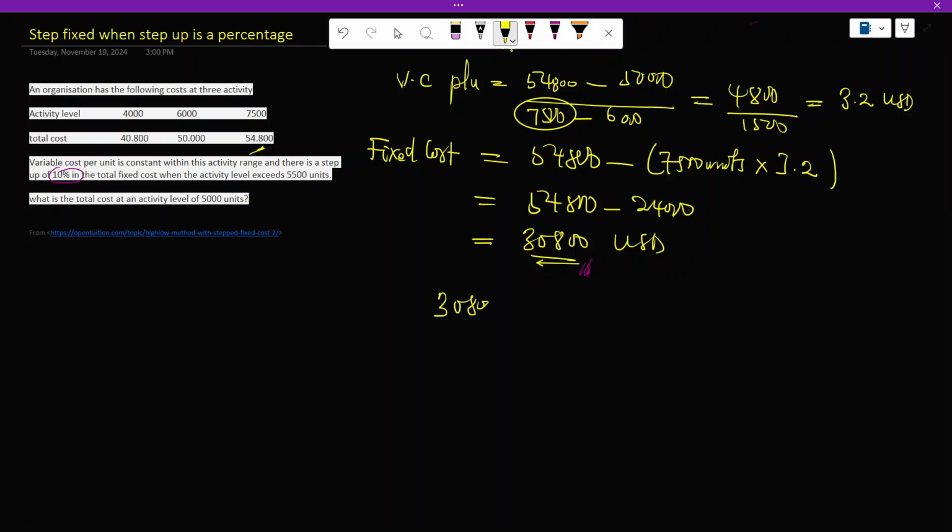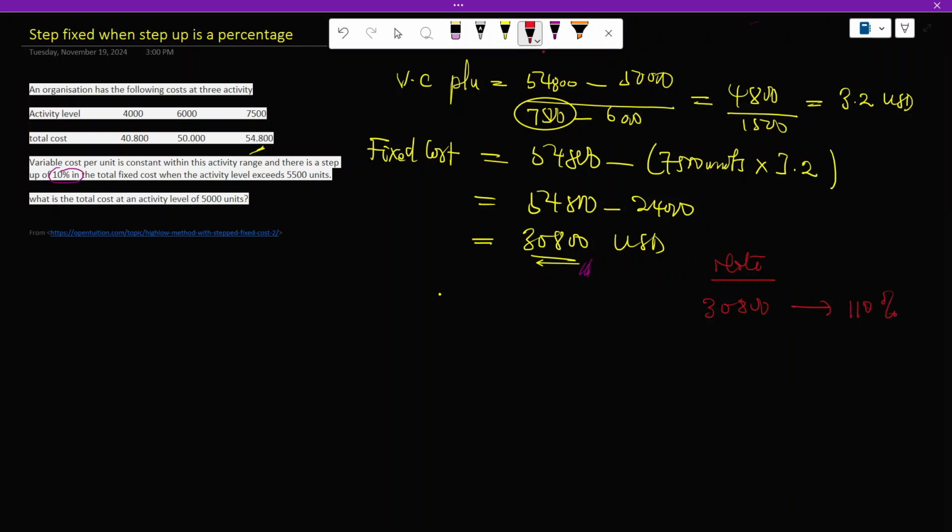We should note that 30,800 is equivalent to 110%.